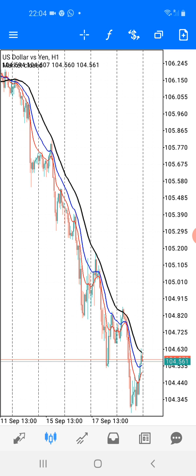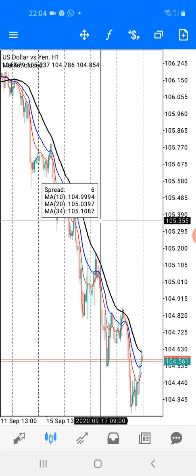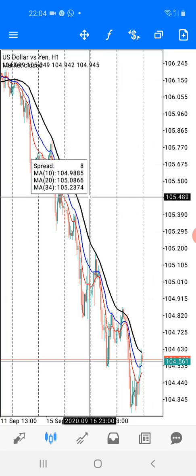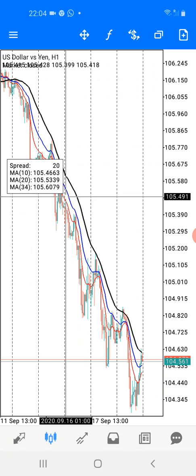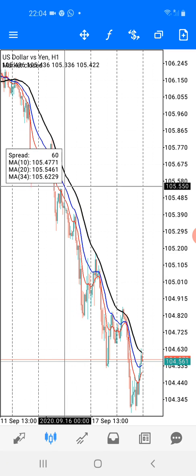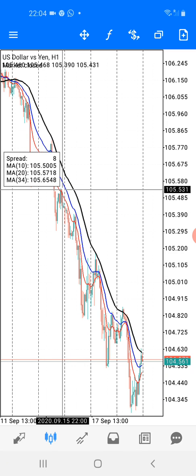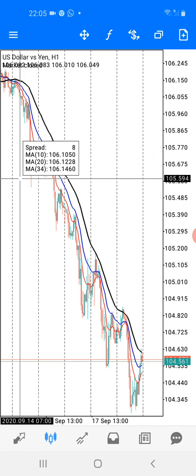So here, the reason why I turn the background to white is for you to find these lines. These black lines, as you can see, show you where the market opened. For instance, let's start from the edge.